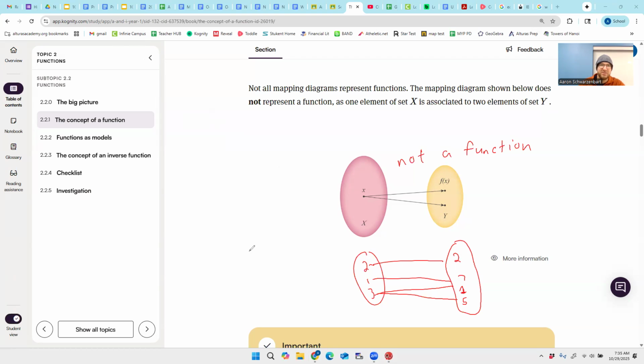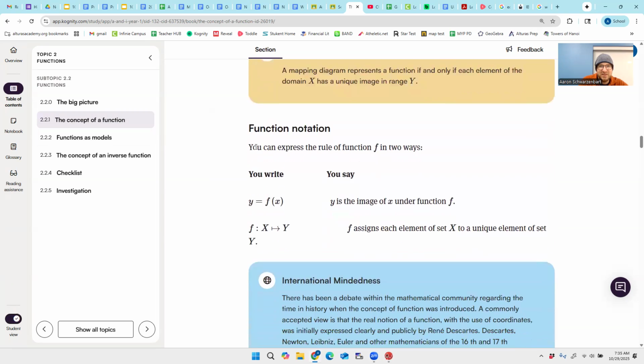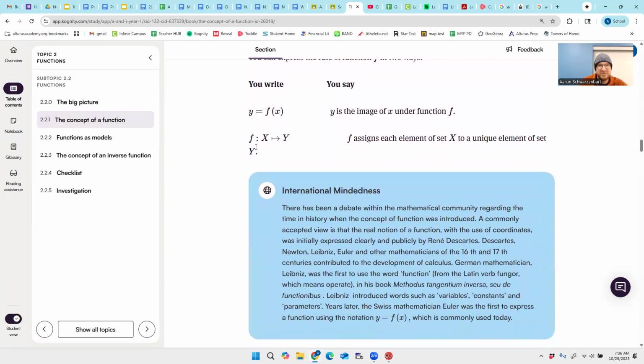Mapping diagrams are something you can also have showing going from one set to another set. Function notation.